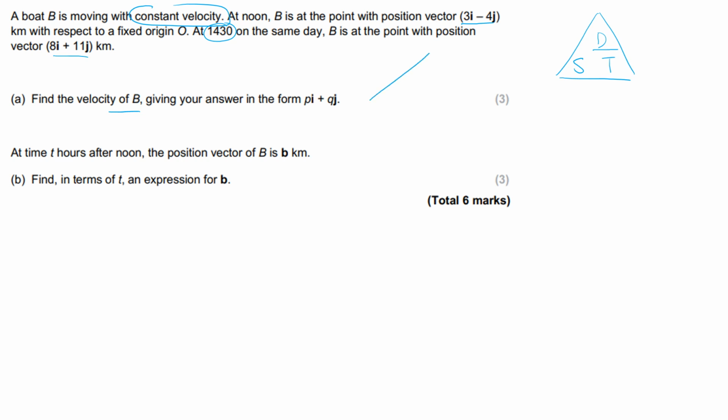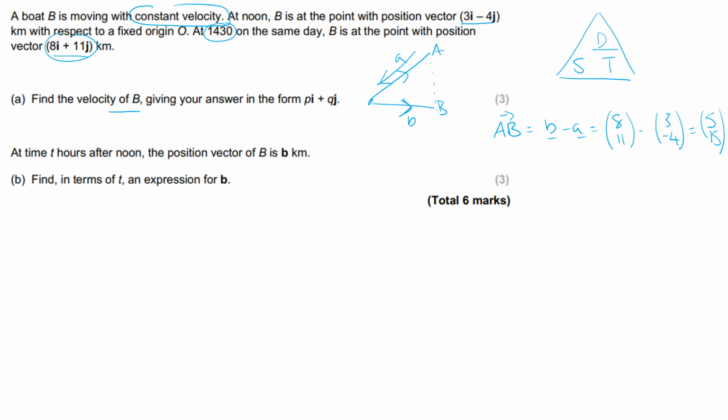When we have something coming from a common origin, say it starts at A and then goes to B, and we've got vectors that get us to those two positions, in order to find the distance from A to B, we need to go back down A and then along B. So A to B, that journey is just going to be B minus A, which in this case is 8i plus 11j minus 3i minus 4j, which gives us 8 minus 3, 5, and 11 minus 4, 15.